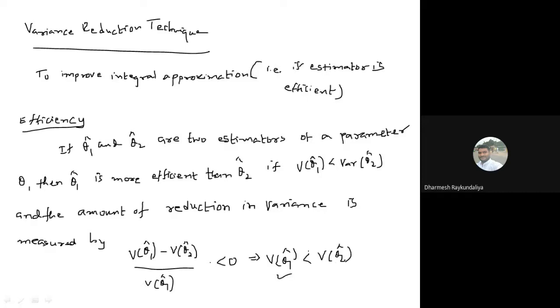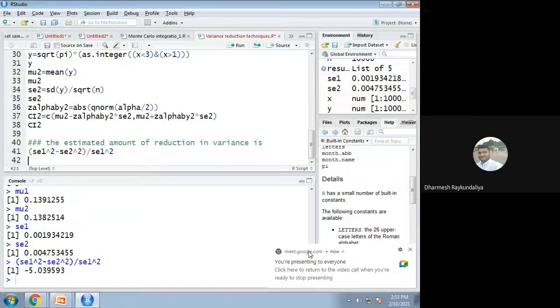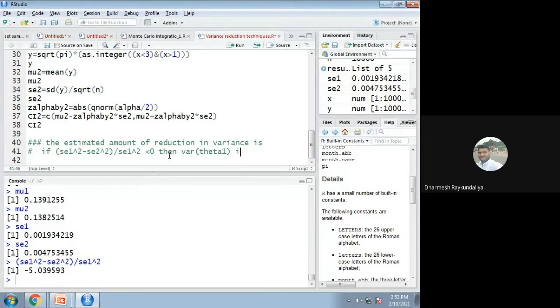That means theta 1 cap is more efficient. So it came negative in our setup, so what is the interpretation? Variance of 1 is more efficient.